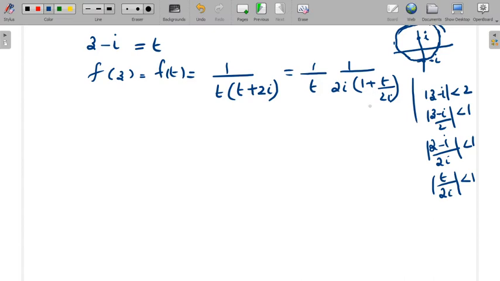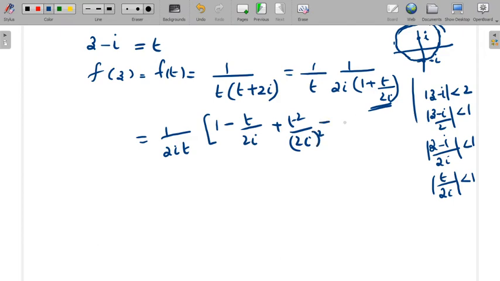So you can make series expansion for 1 by 1 plus t by 2I. And write this as 1 by 2I t into the series is 1 minus t by 2I plus t square by 2I the whole square minus t cube by 2I the whole cube, etc.